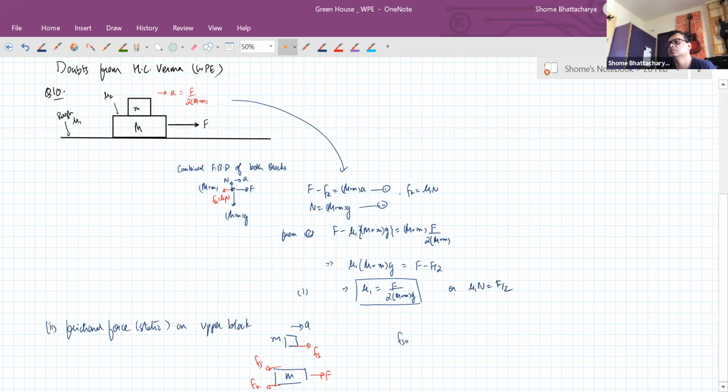So you can see, whether you solve this or this, the static friction, if you solve this, will come out to be the same.